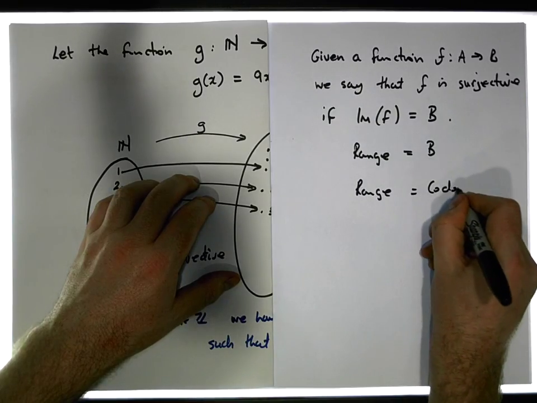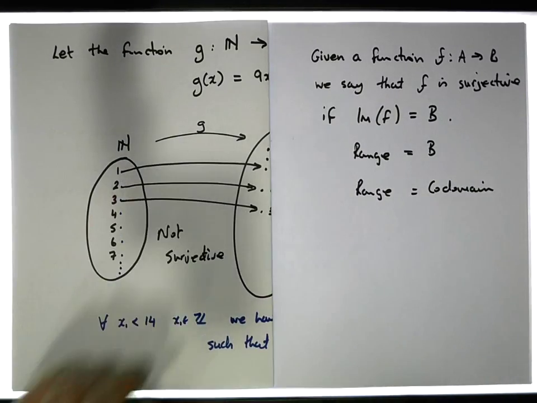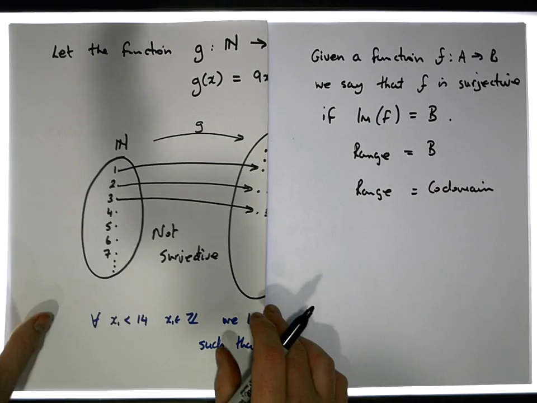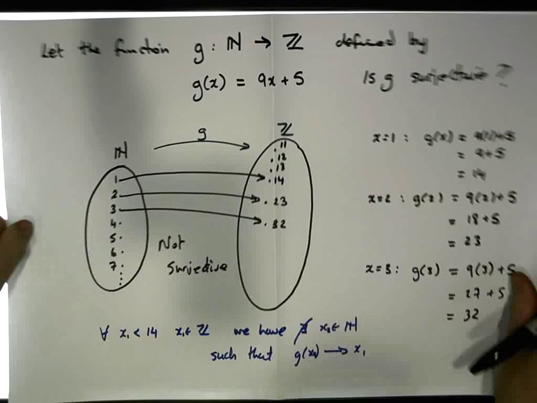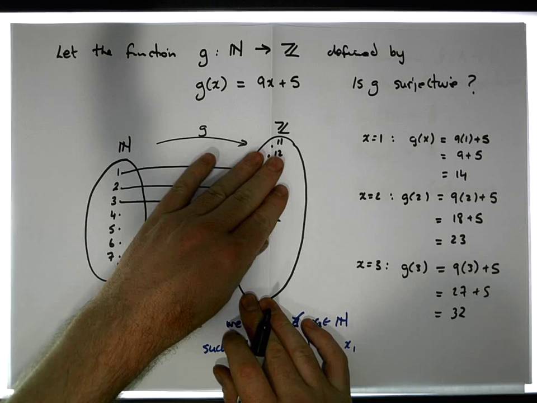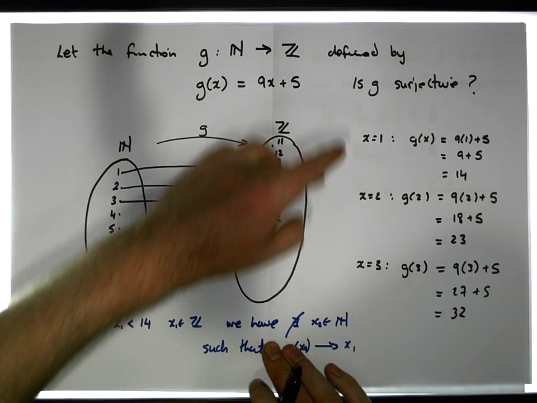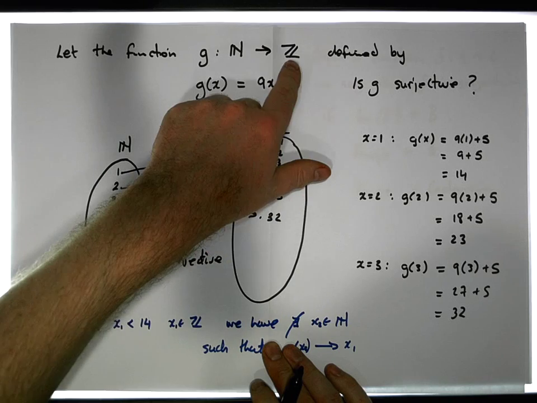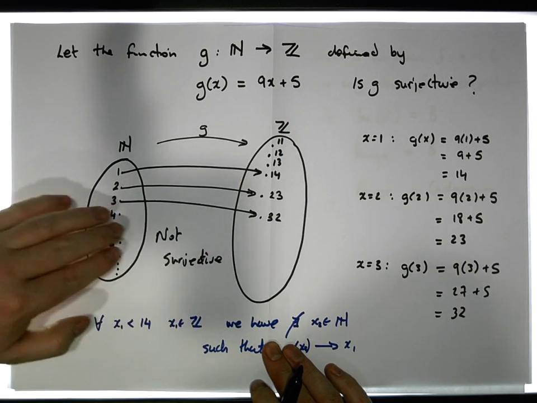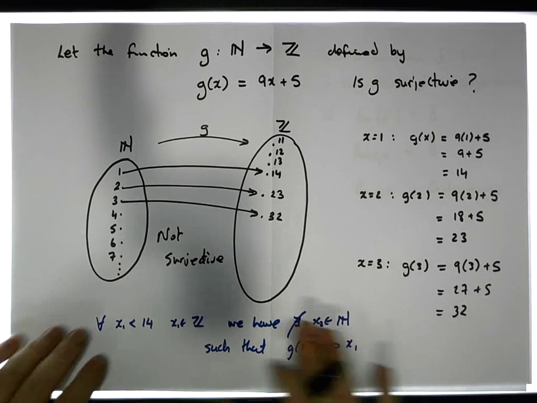That's important. In other words, the values that are mapped into must be the full set, which must be the actual codomain.